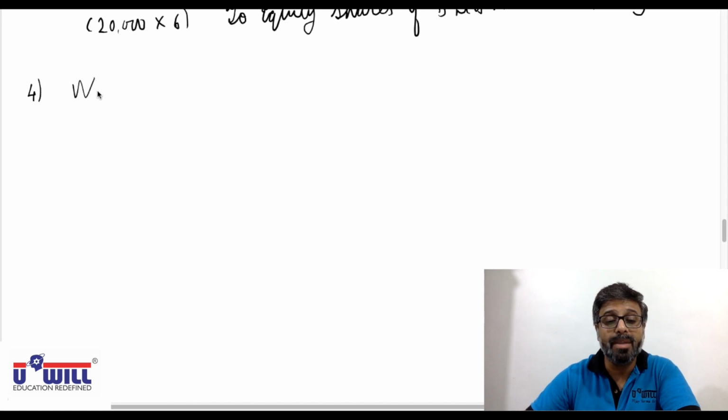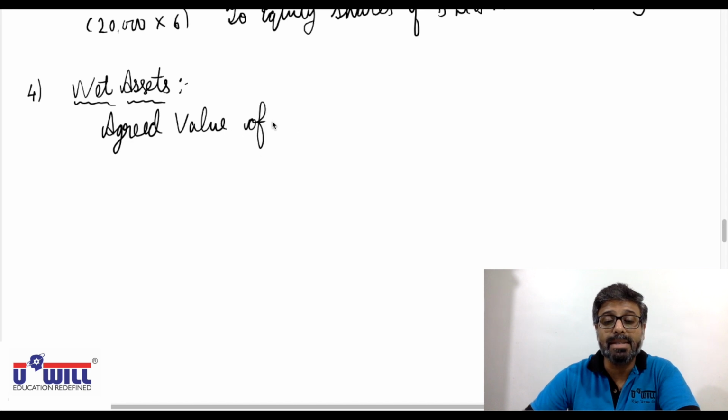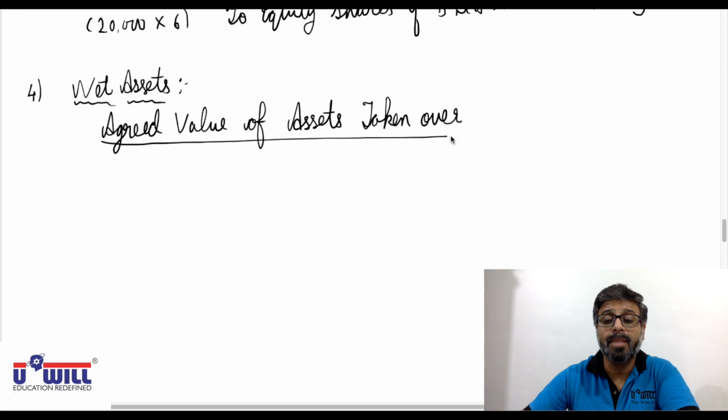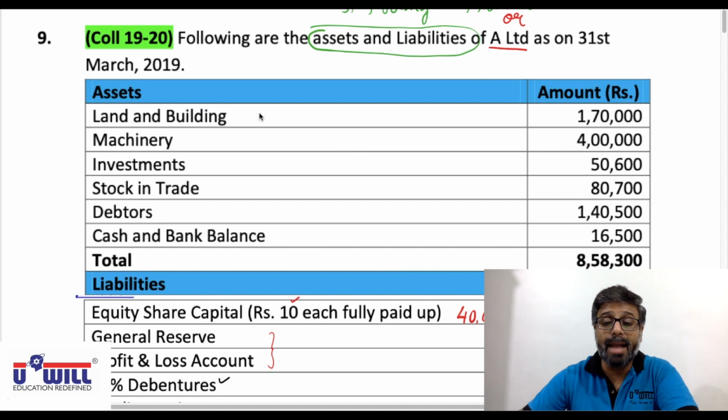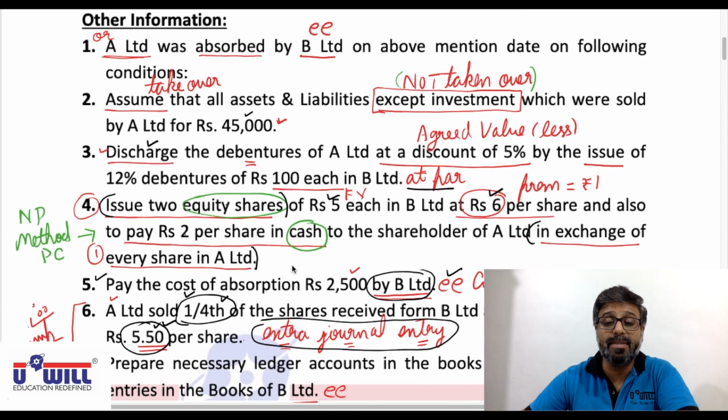So let's make that working note number 4 in this question and find out whether we have goodwill or capital reserve. First we find net assets. So agreed value of assets taken over. Now agreed value of assets taken over means, all of you see on the asset side, land and building, no different value is given in adjustment.